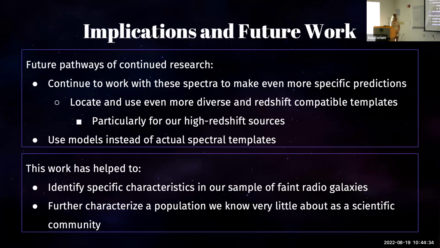That's a great question. So mostly I think that would just entail using basically synthetic templates. All of our templates we were using were for actual galaxies, so they were just the spectra of real galaxies that existed that we'd identified characteristics in. Using models would just be using created spectra of fake galaxies basically, which sounds like it wouldn't be as useful, but can be great because we don't have to adjust for redshift in that case.